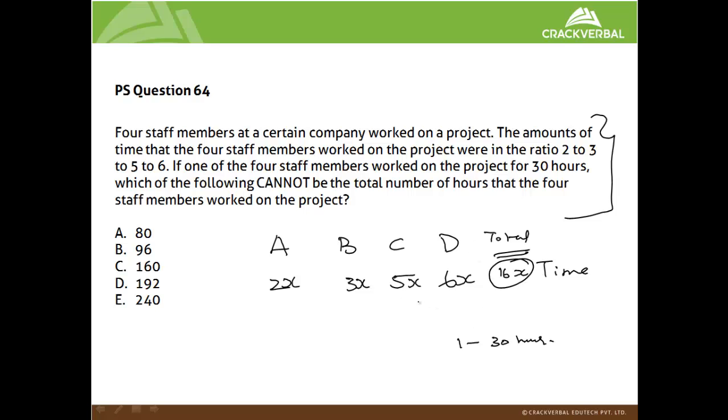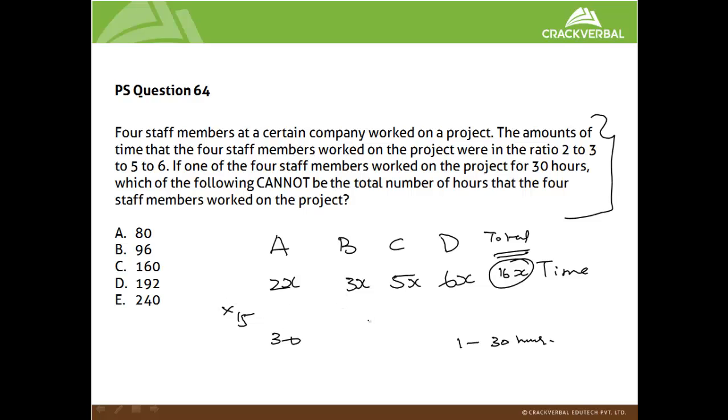Alright, and one of these staff members has worked for 30 hours. So it's a pretty simple question. We can work either using the options, or we can do it directly as well. Just assume that A is the person who worked for 30 hours. Then 2 into 15 will get you 30, so x has to be 15.